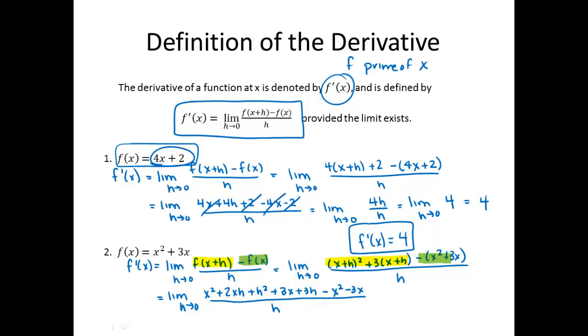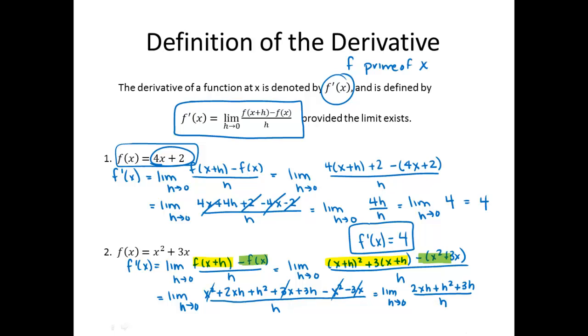In the next step, I will cancel out the like terms that are in the numerator, so I'm going to start reducing. X squareds, 3x's. The limit as h goes to 0 of 2xh plus h squared plus 3h all over h.